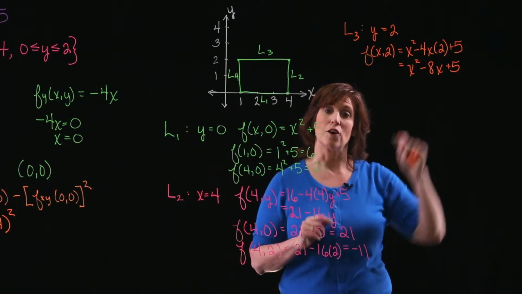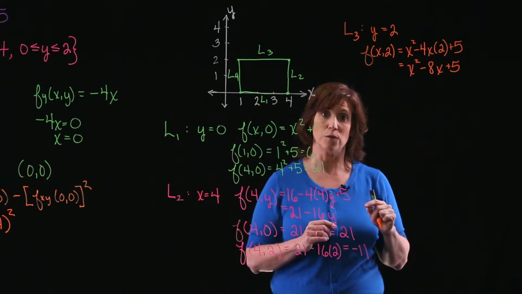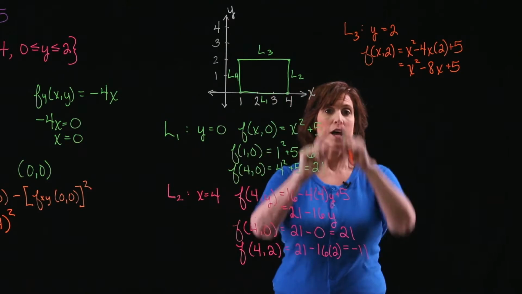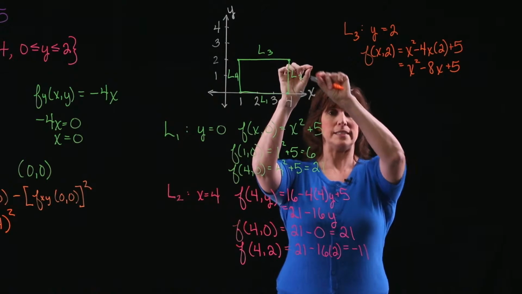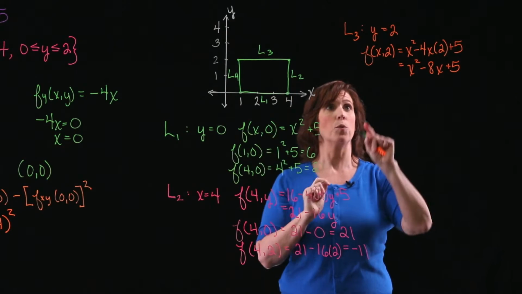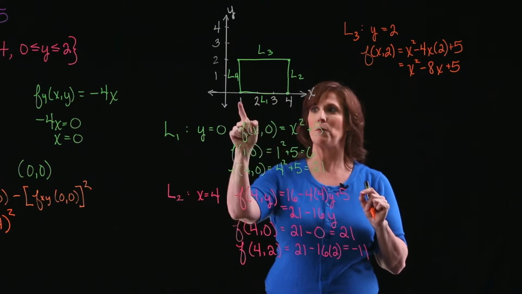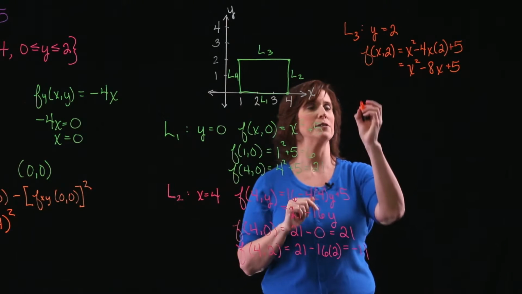Now this particular curve is a parabola, and it happens to have its vertex when x equals 4. So remember, x is going between 1 and 4. So in a parabola, if the vertex is at 4, I'm going to be decreasing between 1 and 4. So that means the largest value is going to happen when x equals 1, the smallest when x equals 4. So let's check both of those out.